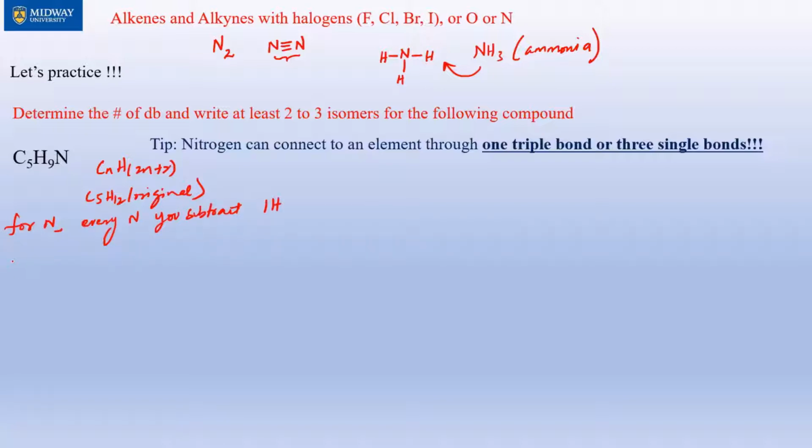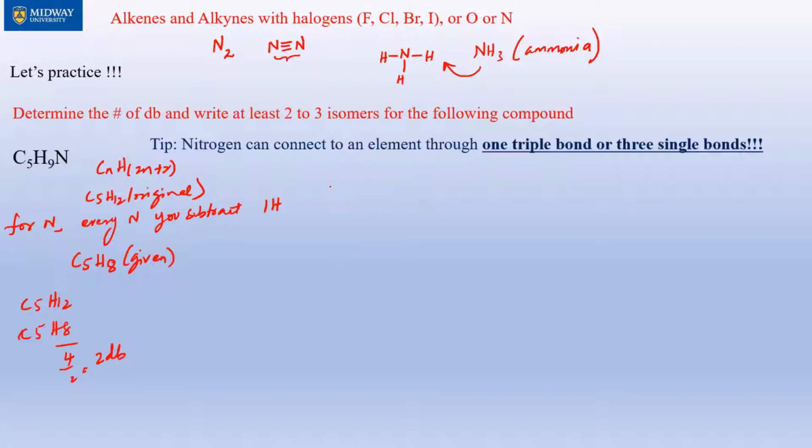What that means is we have only one nitrogen, so we subtract one, so we get C5H8, right? So that's our given. We take our original, we put our given, and we get 4 out of 2 double bonds. That makes sense, right? 2 double bonds is the same as 1 triple bond, right?